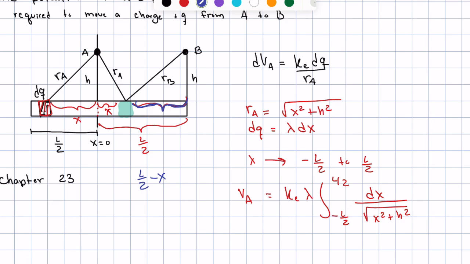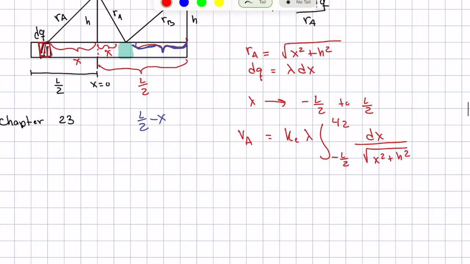Because I want to be consistent in both of my equations, I've defined x to be something, like x is how far it is away from the center to my charge. And that's super good when I have A, like I want to figure out VA, but it's not as useful when I want to figure out VB. So I'm just going to have to take L over 2 minus x to get this region. There are different ways to solve this problem, and if you want to use those, be my guest, but this is just how we're going to solve it here.